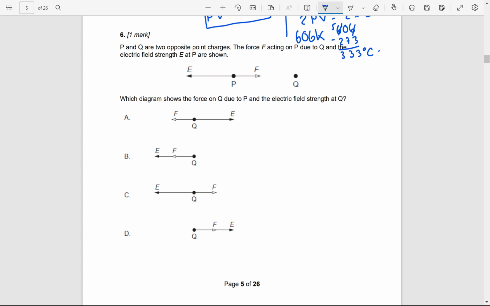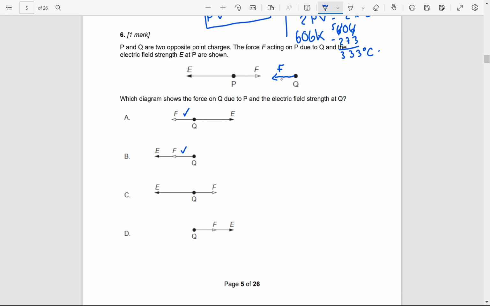Right, well, let's look at the force first of all, before we get to the electric field strength. So the force, if P is moving or being attracted to Q, then Q must be attracted to P. So the force is going to be in that direction, which makes it either that or that.